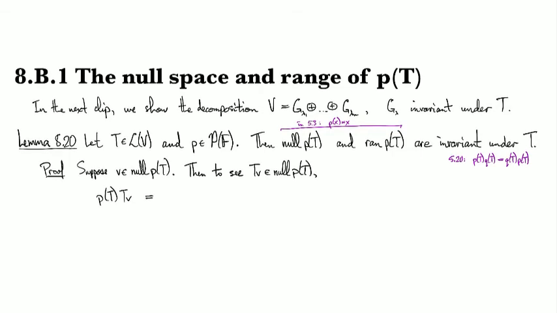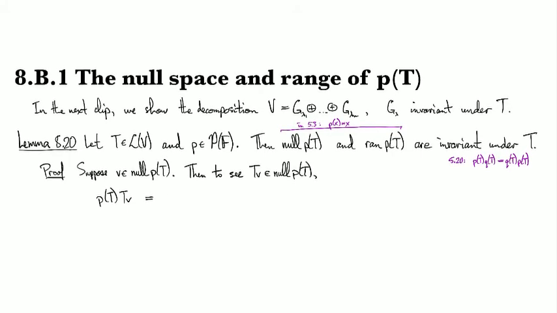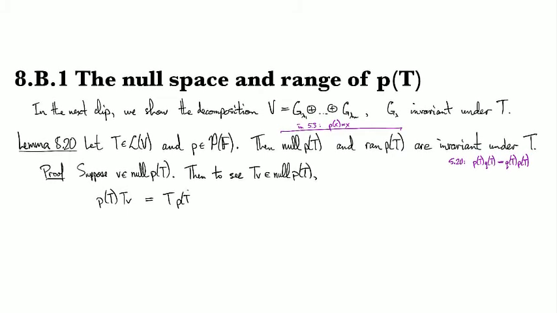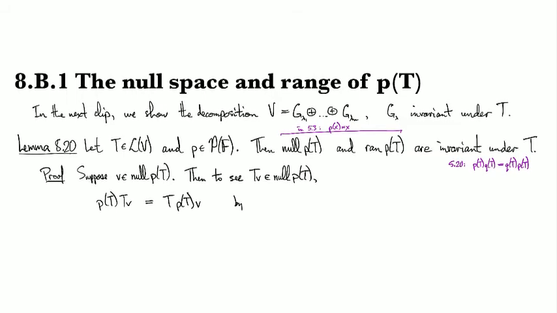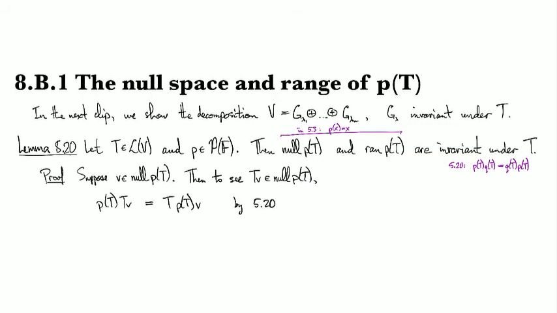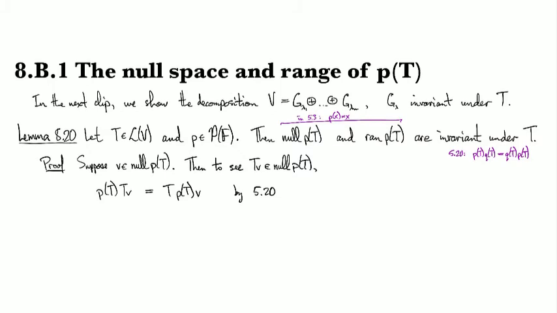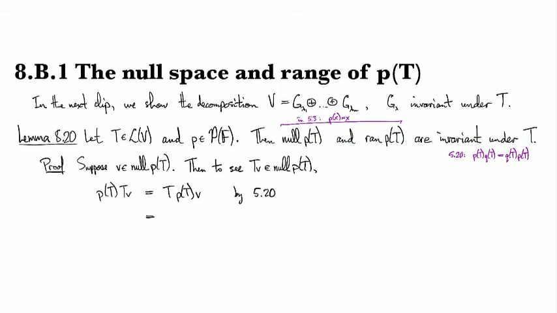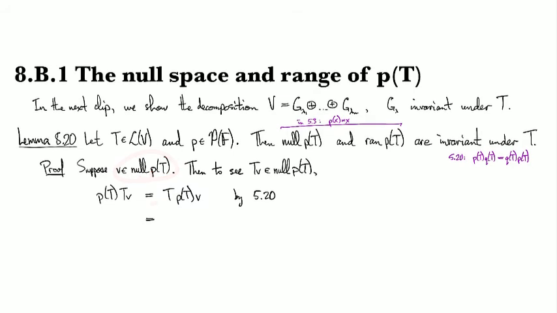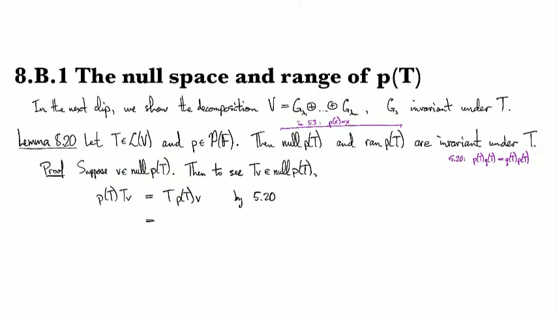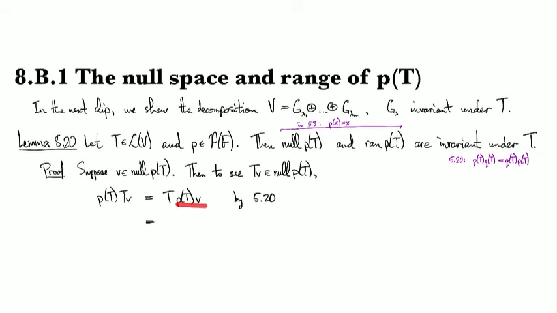So the first thing that we can do is exchange T and P(T) by 5.20, as I just pointed out in purple there. And now v was chosen to be something from the null space, so this part here evaluates to 0.